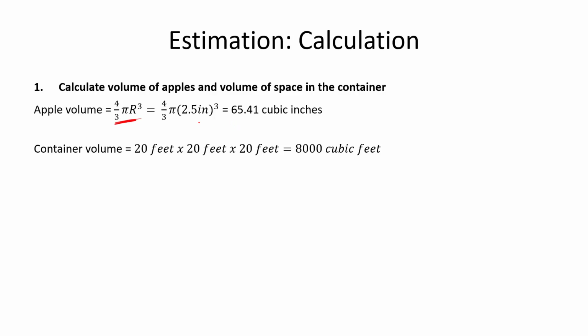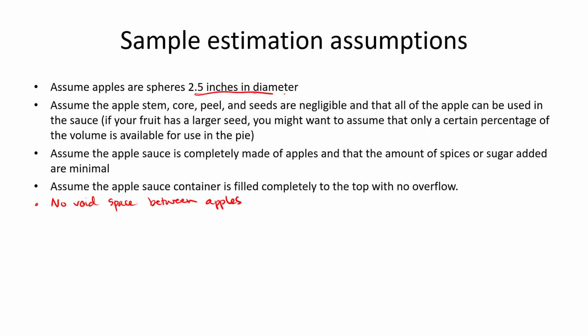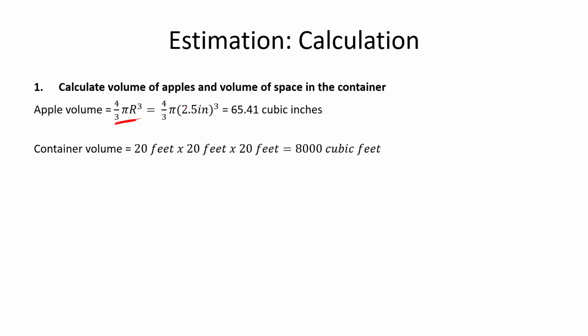And I actually had a small typo in this question. Because I assumed my apple had a diameter of 2.5 inches, this value here should actually be 1.25 inches, because it's 4/3 pi times the radius cubed. Radius is half the diameter.